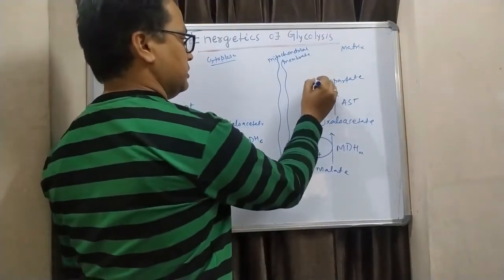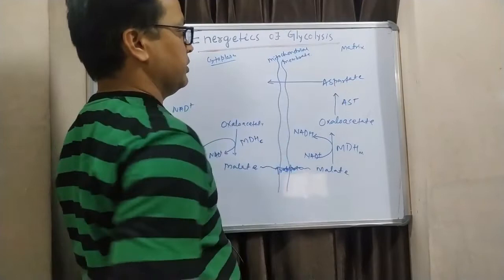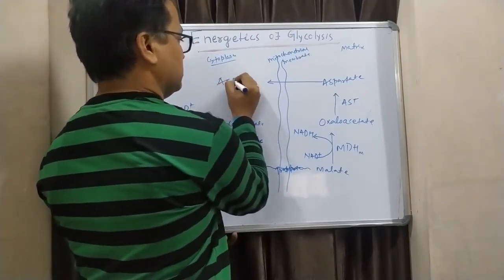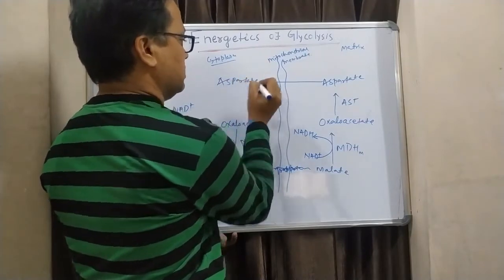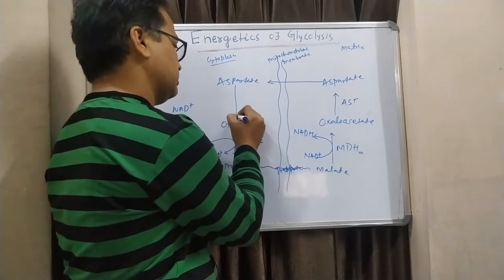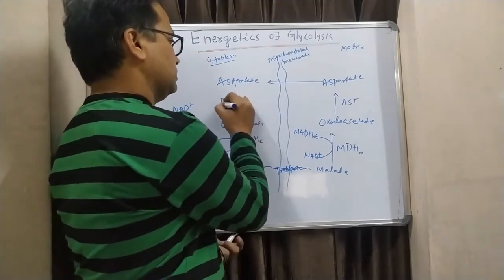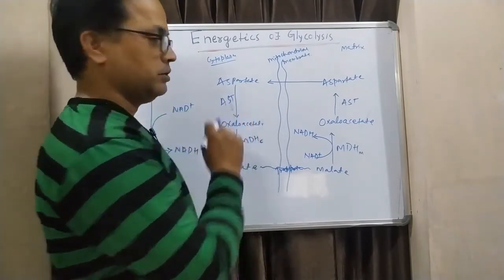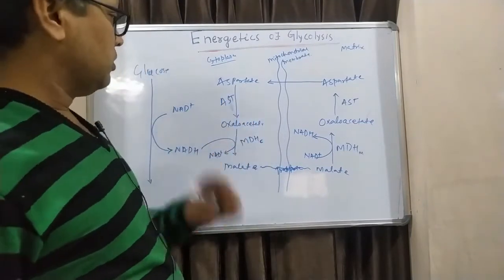This aspartate can cross the mitochondrial membrane and come into the cytoplasm. In the cytoplasm, aspartate will be converted by the same AST enzyme into oxaloacetate.